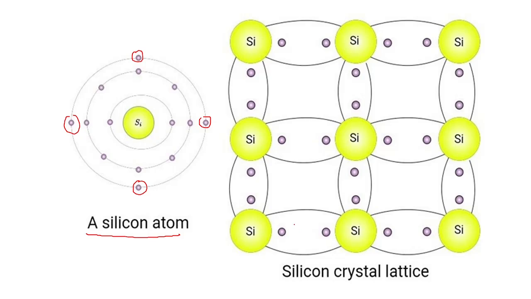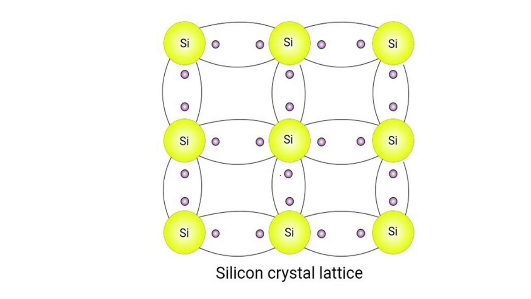If we concentrate on a silicon crystal lattice, we can have a covalent bond here between two valence electrons, here, and here. It is between the valence electron of one silicon atom and the valence electron of the adjacent silicon atom. Here also you can see a covalent bond.